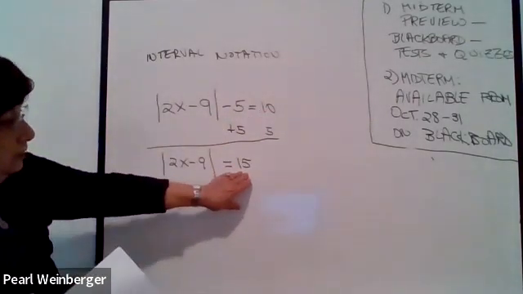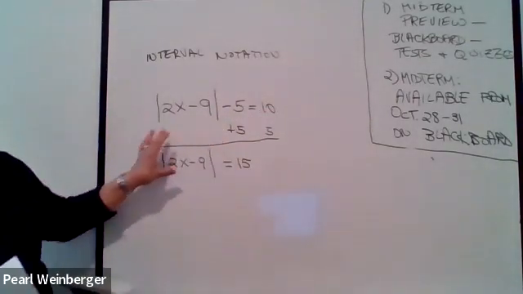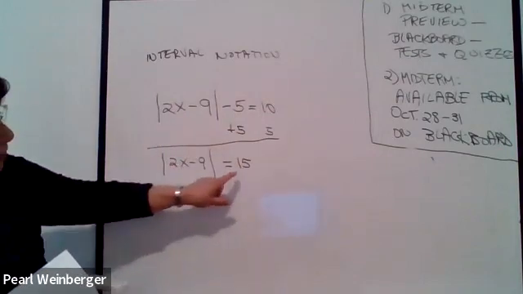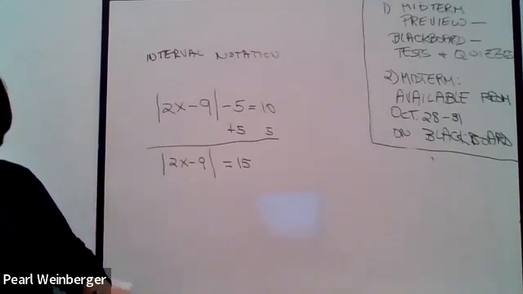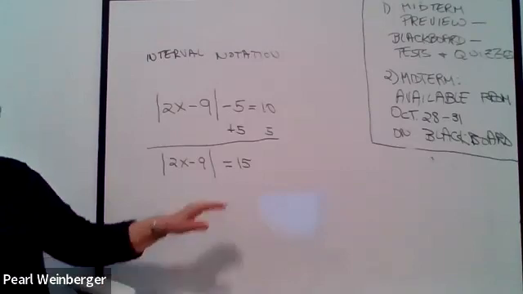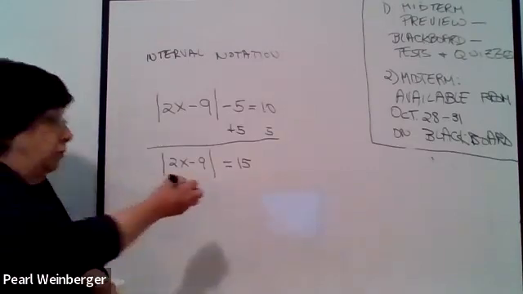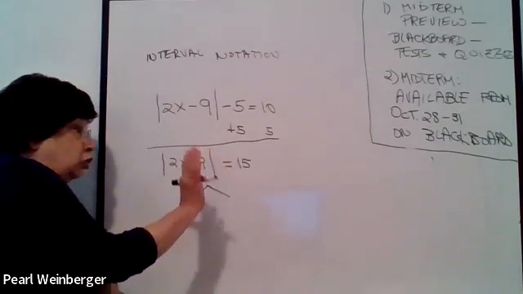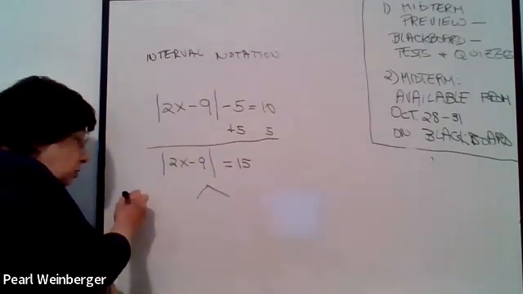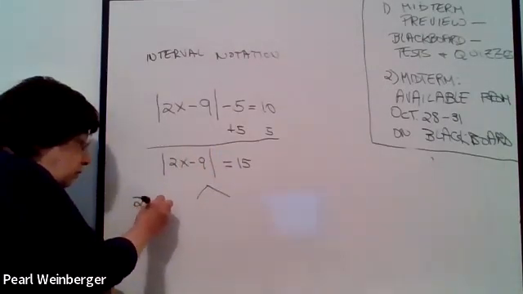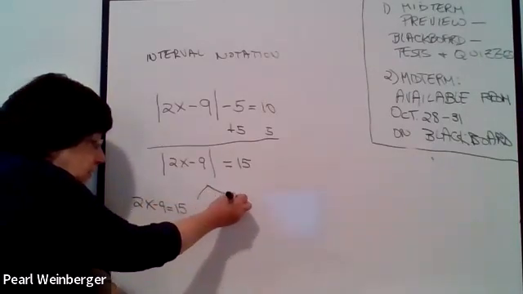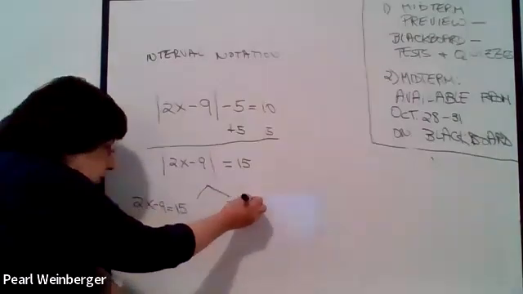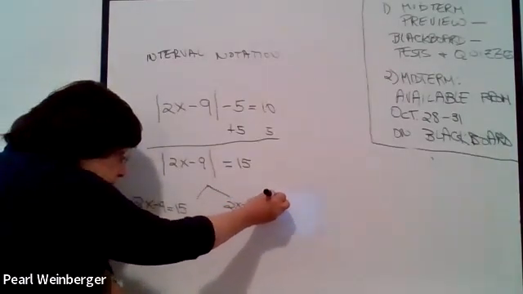Make sure you look at this number on the other side. After you have the absolute value by itself, it has to be positive. If this is a negative number, you stop right there. It's impossible to solve. There is no solution. But when it's positive, you go further by breaking it up into two equations. 2x minus 9 equals 15 is one equation. 2x minus 9 equals negative 15 is your other equation.